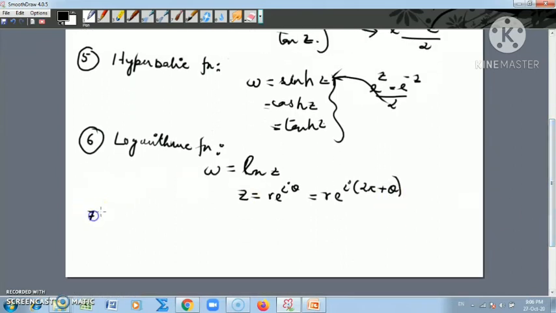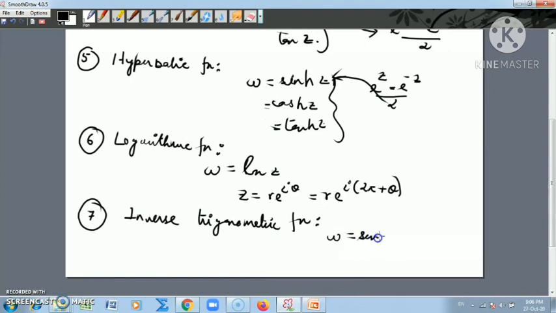Then we have the inverse trigonometric functions, which are of the type W is equal to sin inverse z, cos inverse z, tan inverse z, sec inverse z, and so on.